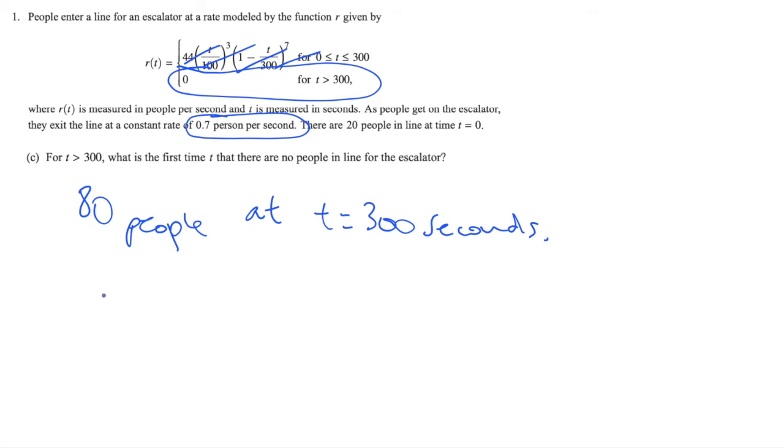So what we can do is we can say the rate at which they are leaving is the number of people that leave, divided by the time that they take.